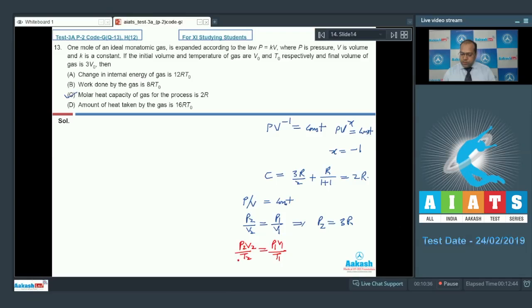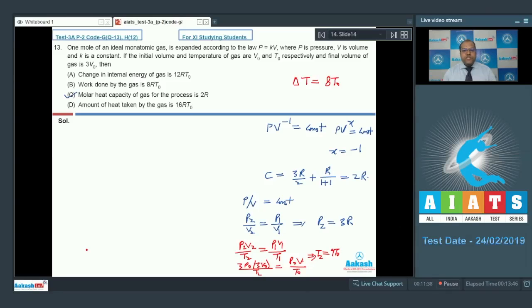So we know that P2 is 3P0, V2 is 3V0, and we have to find out T2. So this is equal to V1 is V0 and T1 is T0. On solving this equation, the value of T2 comes out to be 9 T0, or change in temperature delta T comes out to be 8 T0.